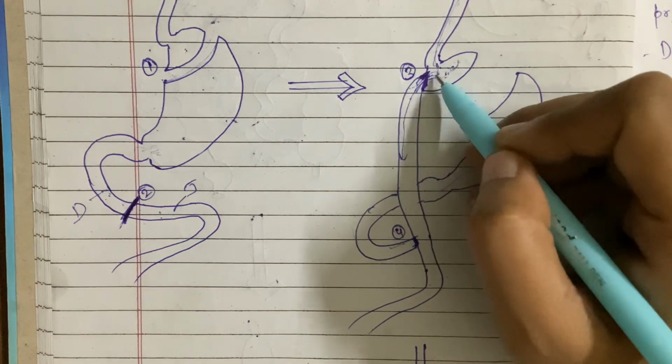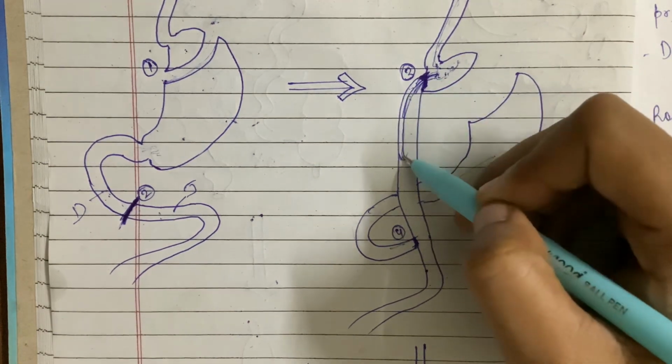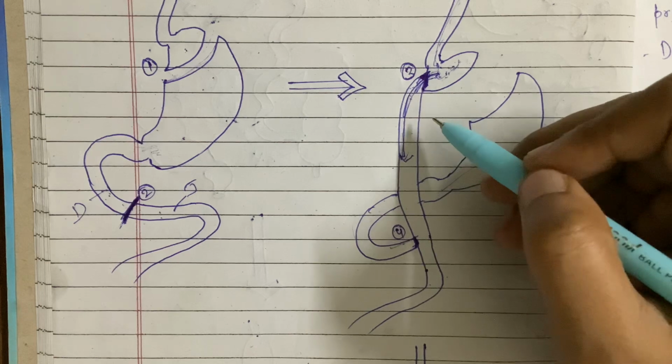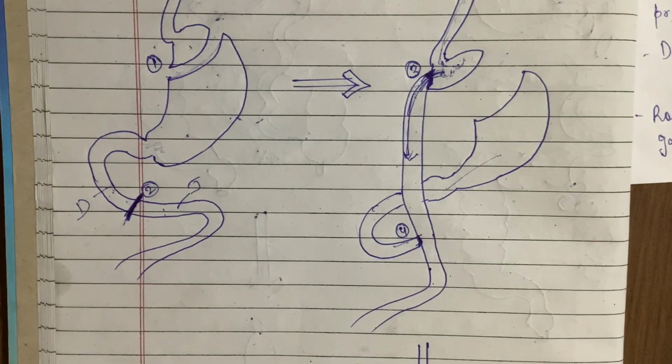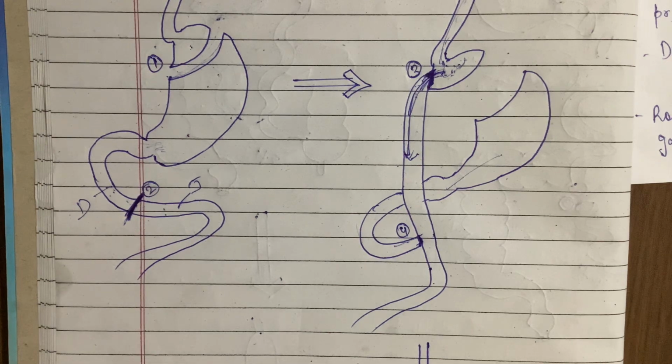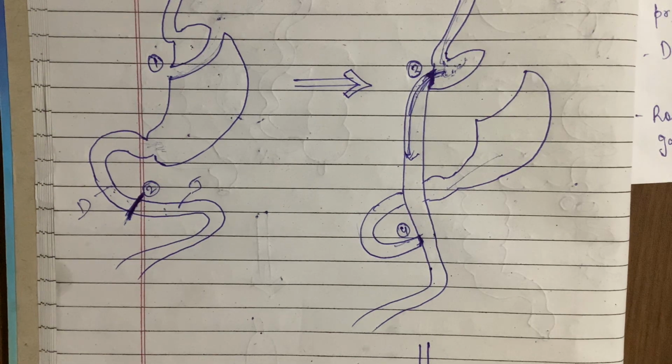So the food directly comes into the intestine undigested. This is known as dumping of food from stomach to intestine, and this is called dumping syndrome. It presents with clinical features like flatulence, feeling of bloating, nausea, vomiting, and diarrhea.